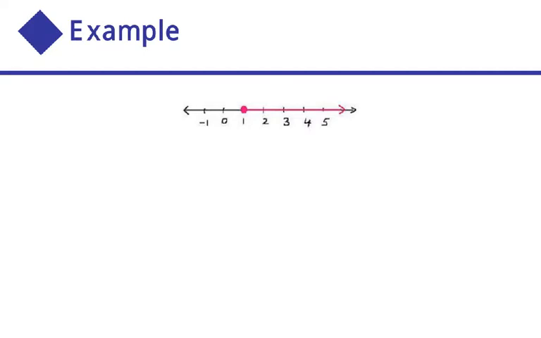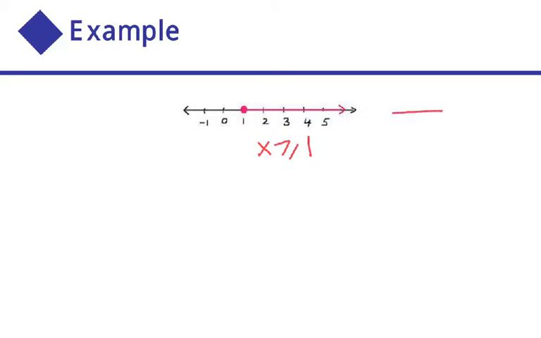So let's look at this inequality. I want to start to talk about different kinds of notation, different ways to represent the solution set for an inequality. Here we have the inequality where x is greater than or equal to 1.